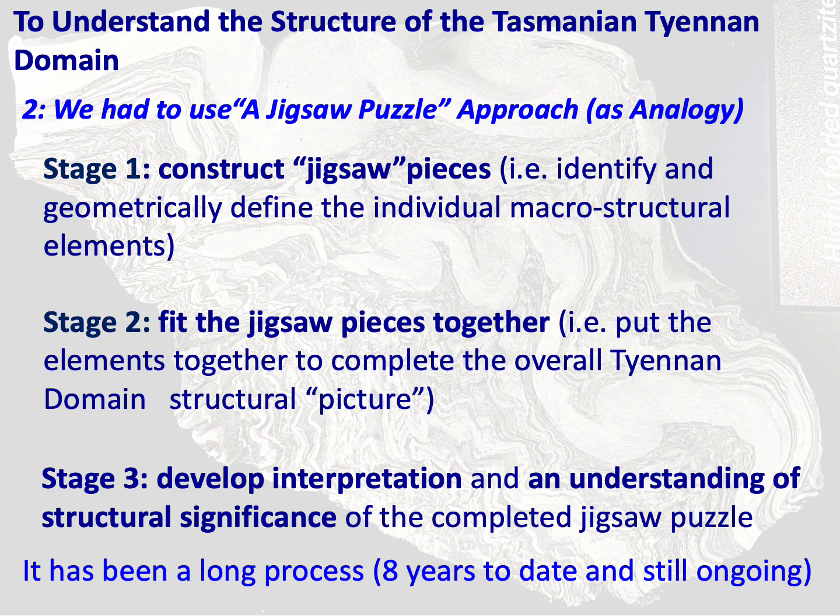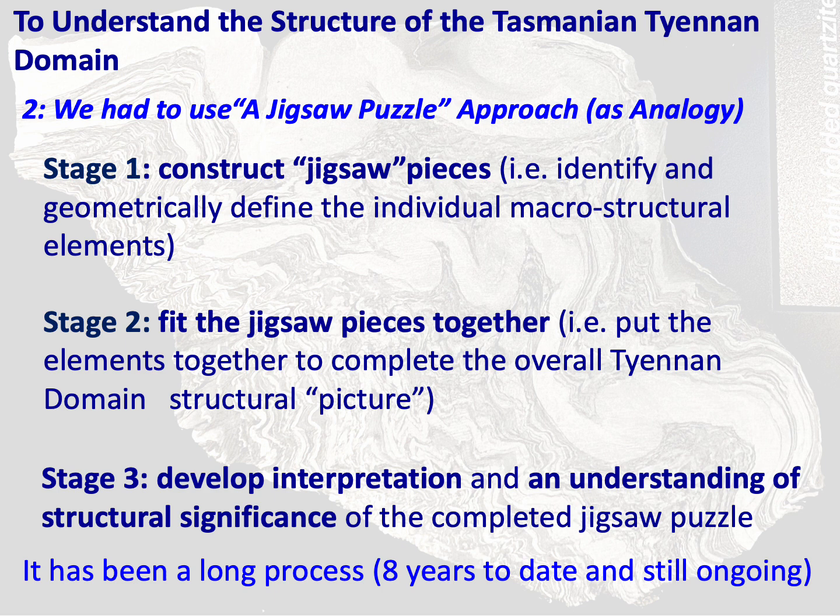So stage one involved construction of the jigsaw pieces, where we had to identify and geometrically define the individual macrostructural elements. Stage 2 involved fitting the jigsaw pieces together. We had to put the elements together into maps and regional profiles to complete the overall Tyennan Domain structural picture.